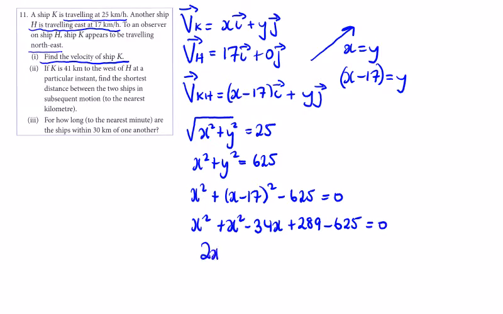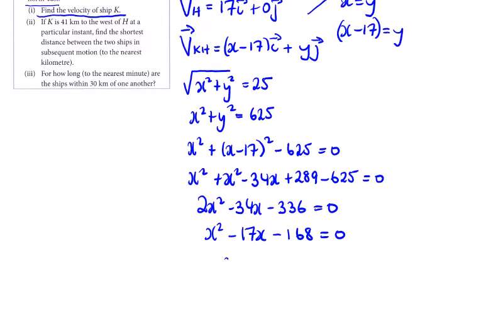So 2x squared minus 34x minus 336 equals 0. Divide all by 2: x squared minus 17x minus 168 equals 0.